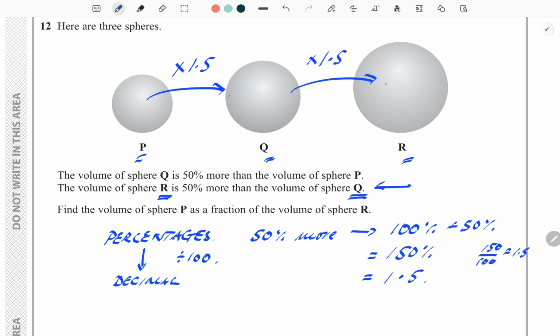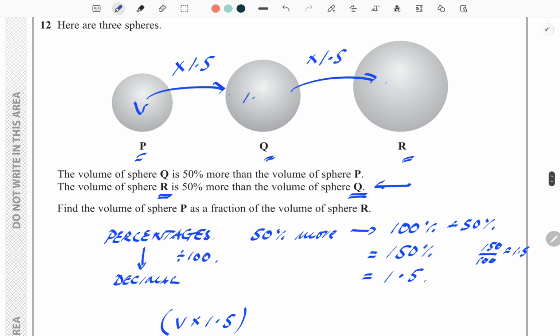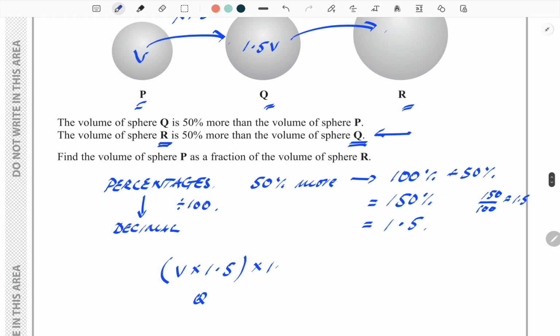So if we call the volume in P V, then for Q you've got times 1.5. That's Q. And then we're timesing that whole thing again by 1.5.